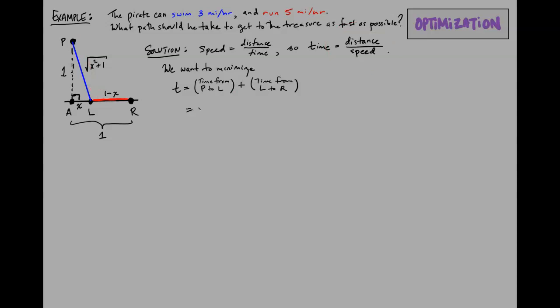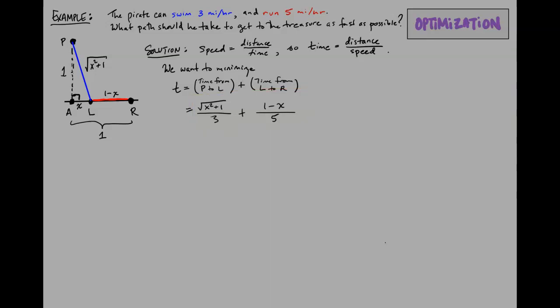We've just computed that the distance is the square root of x squared plus 1, and his speed when swimming is 3 miles an hour. And to that we have to add the time from L to R. Once again, distance over speed. The distance here is 1 minus x, and the speed while running is 5 miles an hour. So this expression right here gives us the total time it takes as a function of x.